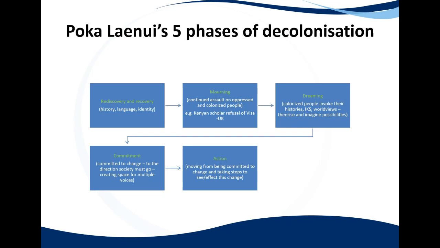So when I speak about the continued assault on the oppressed people, these are some of the examples that we see every day. Earlier, I spoke about how if you were to wake up tomorrow and go to the United Kingdom, you cannot just do that. You need to apply for that visa. And they can choose to say no, right?